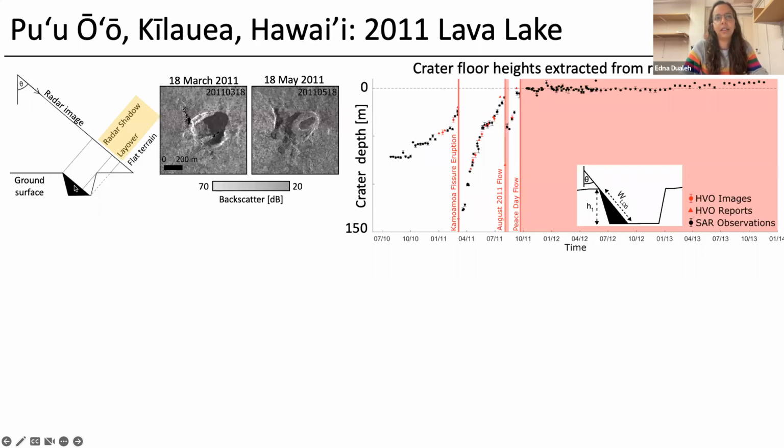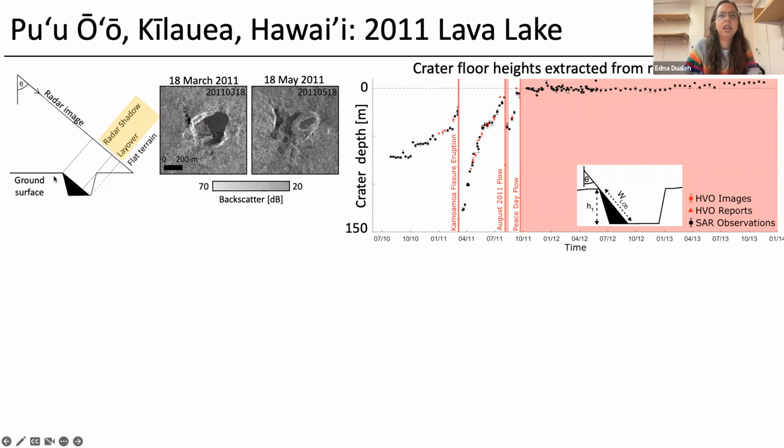These are areas where we can't collect any data, where the satellite can't see. On the other side, if you have a slope that is facing towards the satellite and has a gradient steeper than the incidence angle, you produce a radar layover. And this is what this is showing here. This is Pu'u crater, with a radar shadow and the radar layover.